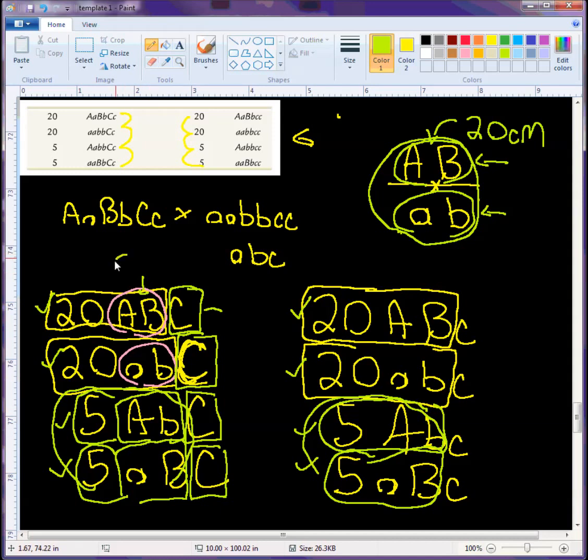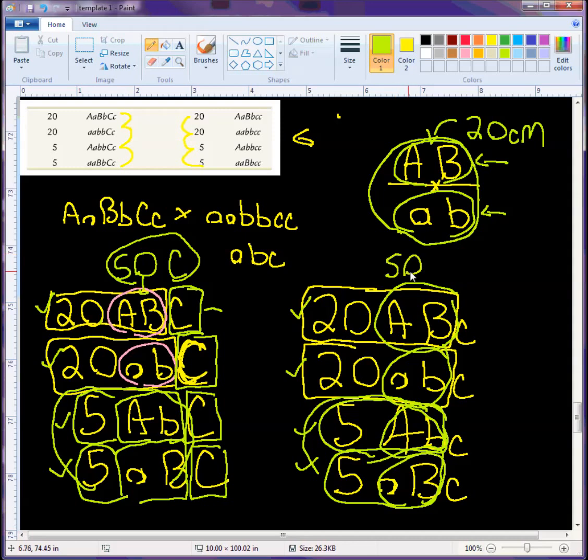Also, 50 of the progeny have a big C allele. If we look over here, the same thing with the little c's. Little c is found with all of these. So with the 20 big A's and big B's, 20 little a's and little b's, 5 big A's, little b's, 5 little a's, big B's. And it's found in 50 of these.